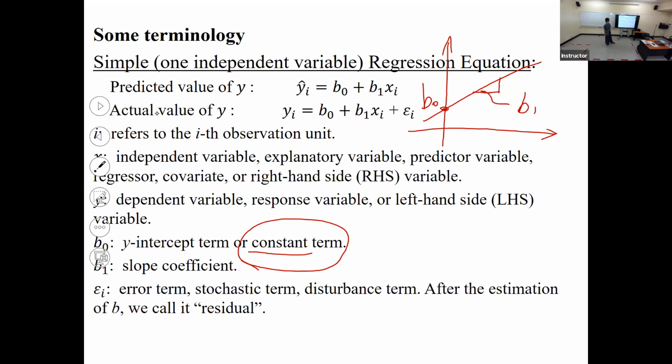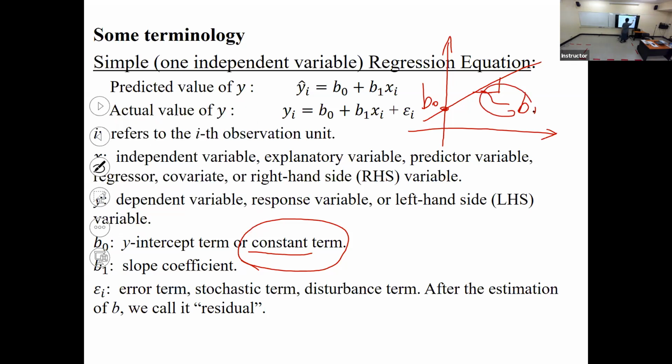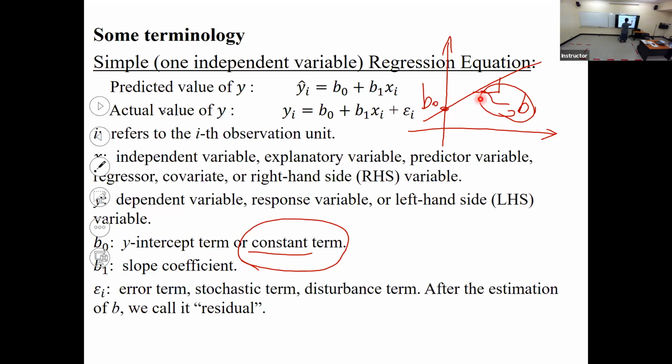So this one is the slope coefficient, if it's a linear model like this, because it captures the slope. If B1 is large, then the line will be steep.